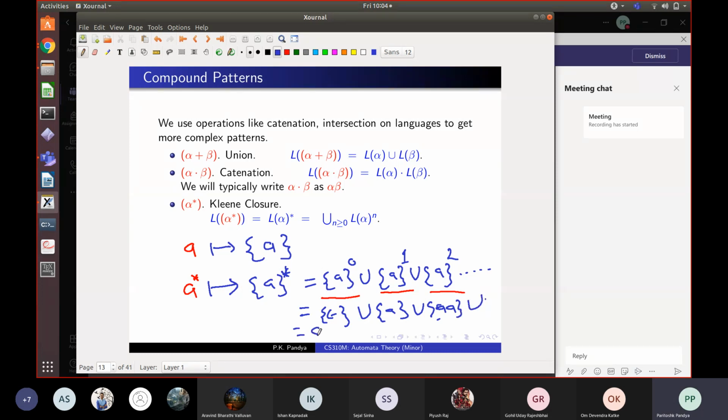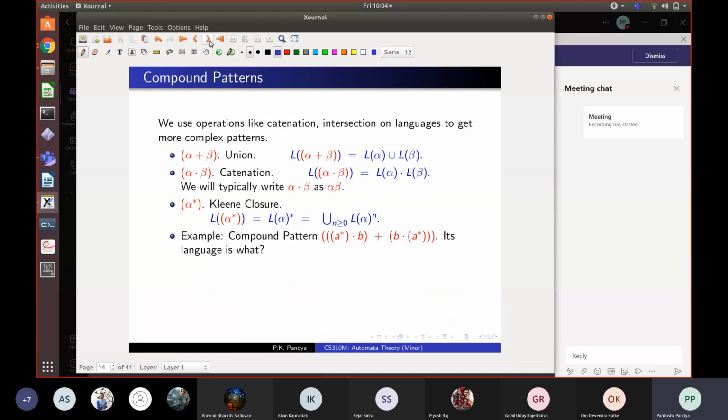So what I will get is basically A to the power n for n greater than or equal to 0, an arbitrary number of repetitions of A, right? Which is what we saw before. A star gave you 0 or more A's, and that is what it is giving you. But this is by the Kleene closure definition. So what we were doing informally, now we have formally defined by this rule, right? So how I calculated A star is clear to you? Yes, sir. Okay, this is how you calculate the language of an expression.